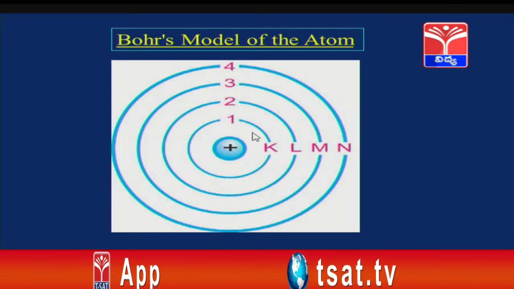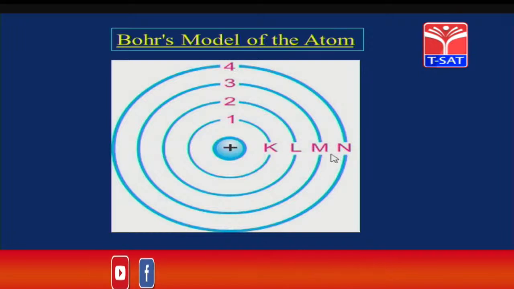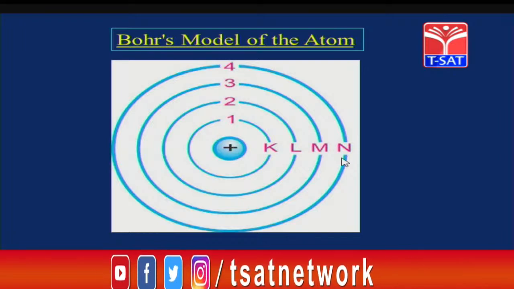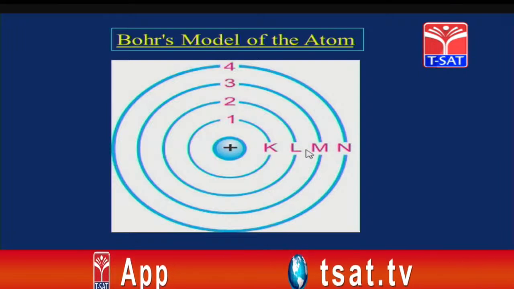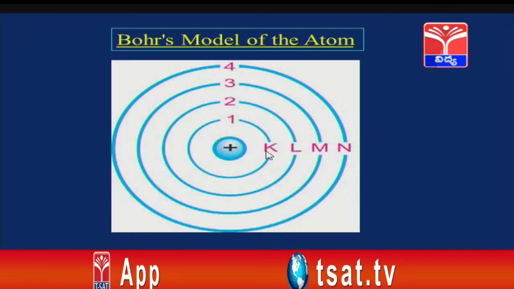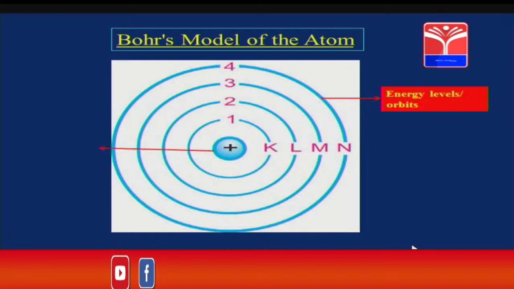These orbits are named K shell, L shell, M shell and N shell, and also indicated with n equal to 1, n equal to 2, 3, 4 and so on. Moving from the nucleus farther away, the shell number increases. These shells are also known as energy levels.